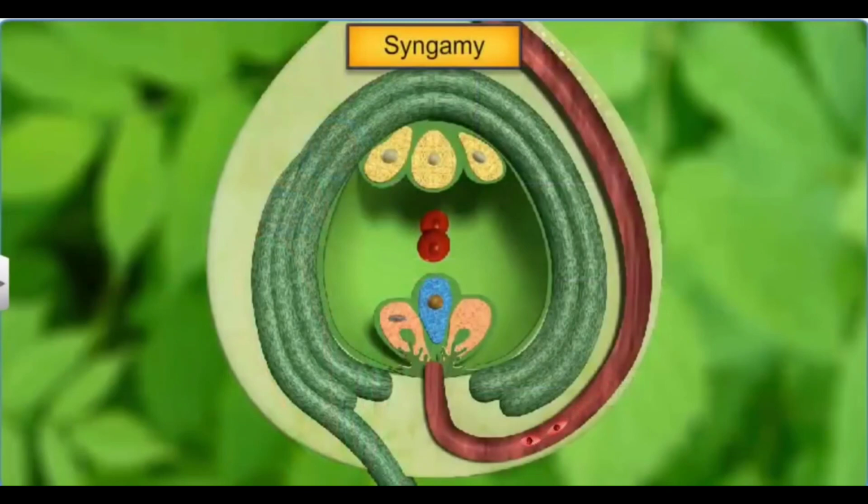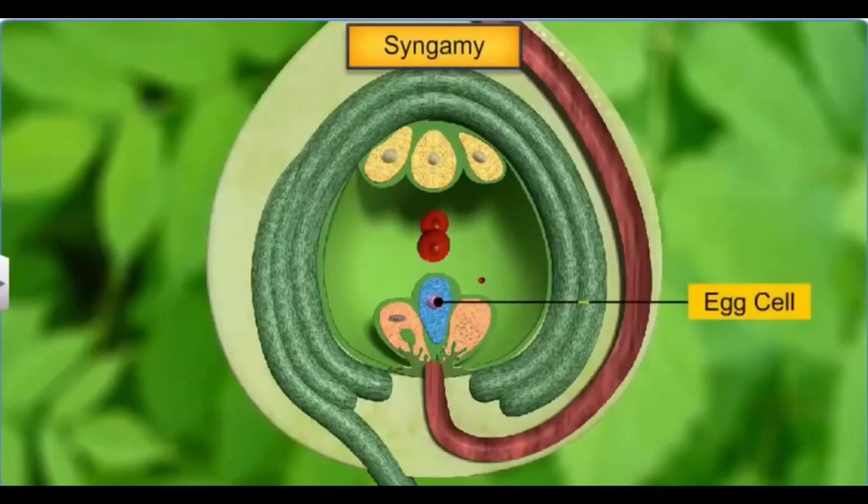Of the 2 male gametes, one enters the egg cell and fuses with its nucleus. This fusion, known as syngamy, or first fertilization, results in the formation of a diploid zygote.